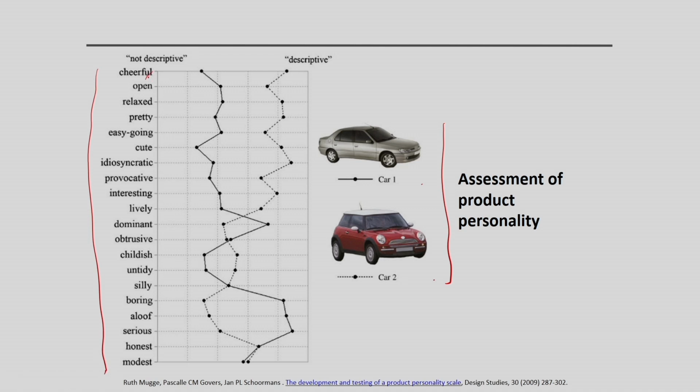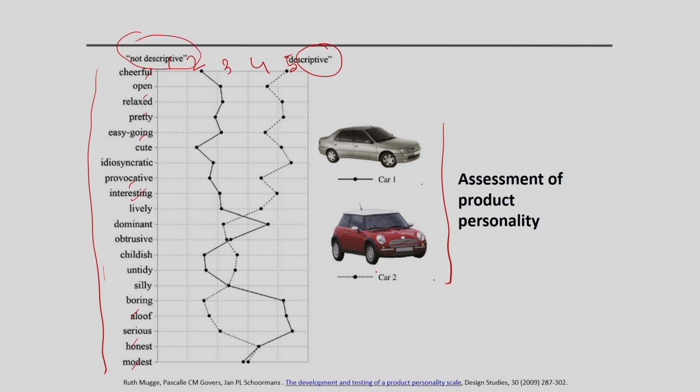If you see cheerful, open, relaxed, pretty, provoking, interesting, all these are personality traits we assign, maybe untidy, silly, boring, aloof, serious, honest. These are a few personality traits that we assign to a human being. This type of adjectives has been mentioned in this scale, and in this case it's a rating scale of 1 to 5, where this end is descriptive and this is not descriptive.